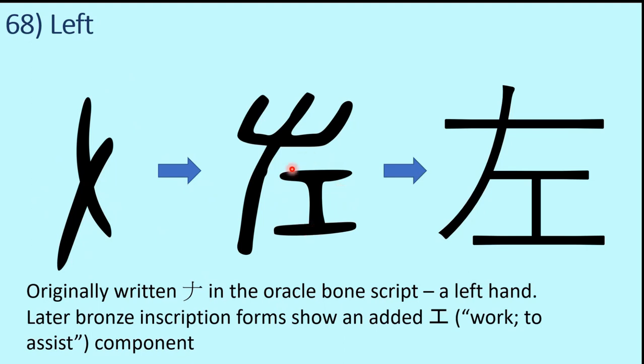This is an additional component, and together it represents left. In the modern version, this portion has been kept common as it was for right, and this is the additional component added to represent work or to assist. So this is how this symbol has evolved over the ages.